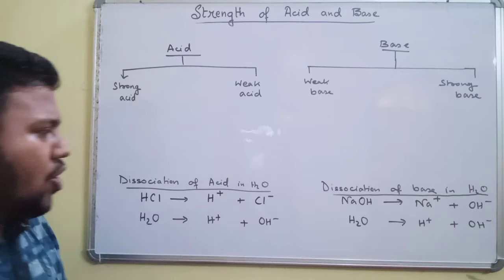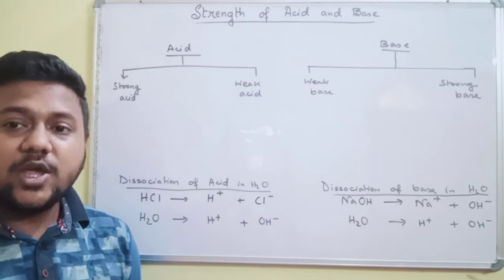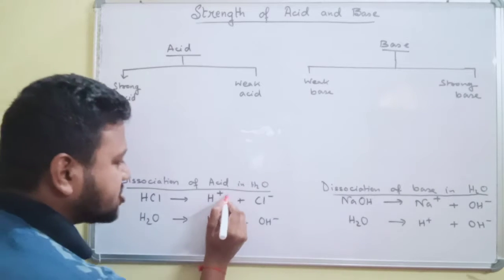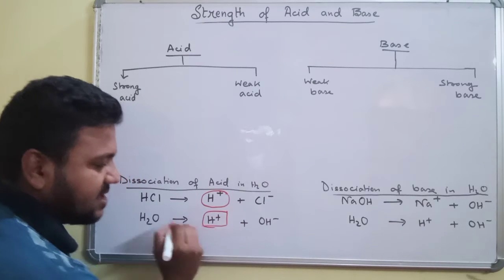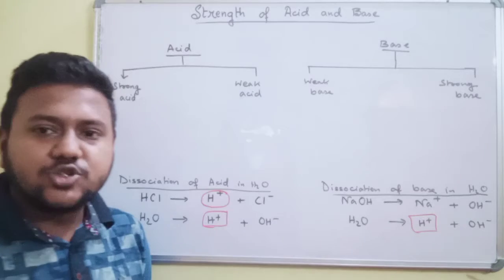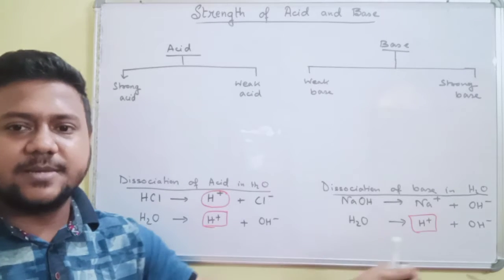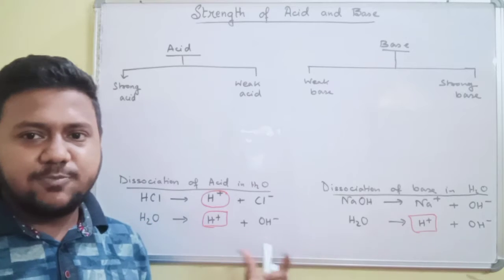Okay, so in both the cases we observe that we obtain H+ ions in common. So either it is an acid or it is a base, both dissociate H+ ions.